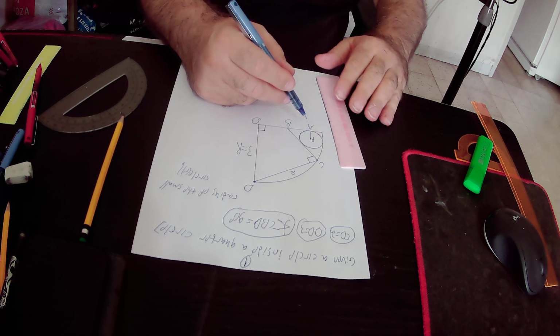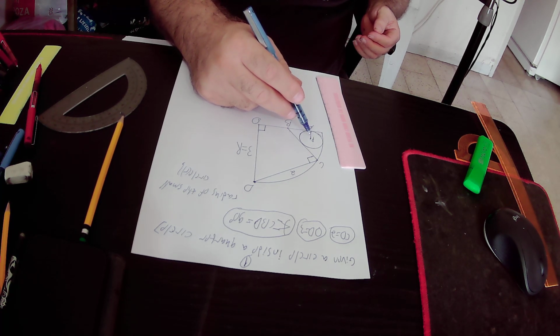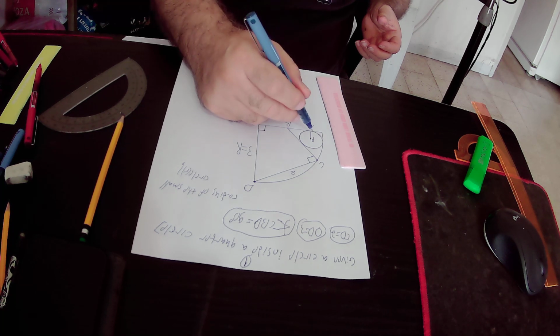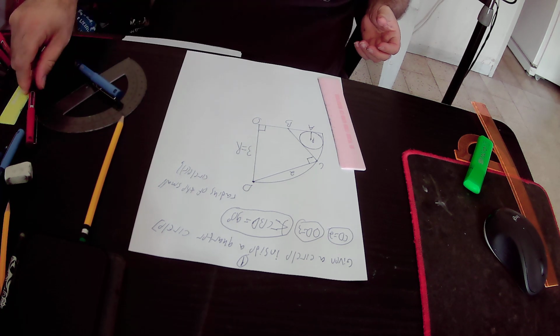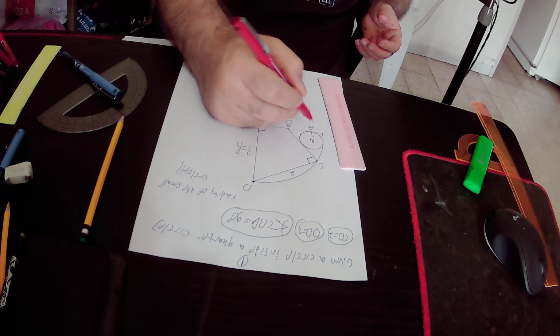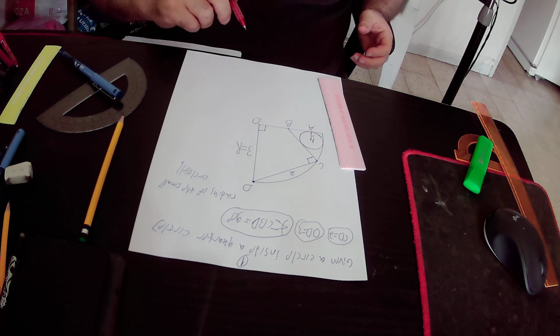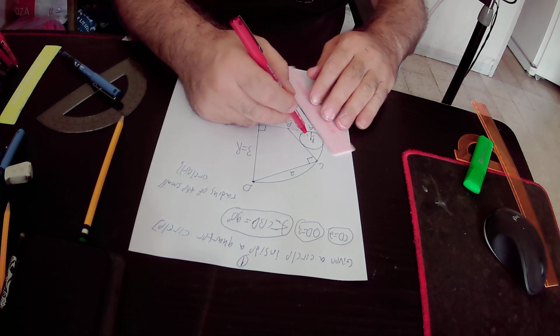So actually AP is the radius of the small circle, because line segment AP exits from the center of the small circle, that is to say from point P, and ends at point A, a point on the circle itself. Therefore it is the radius of the small circle. So I will mark it as R, the radius of the small circle, and then we will join together points P and B by a straight line.